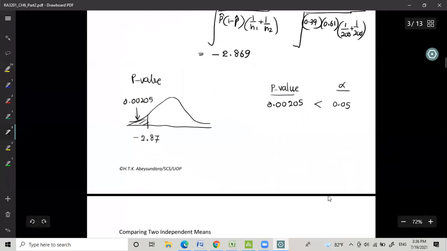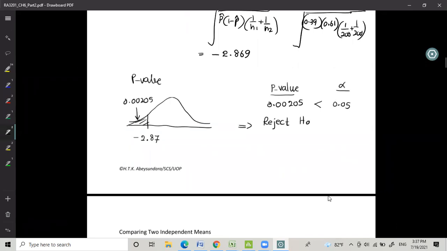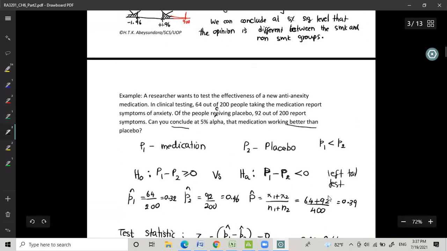It is less than alpha. Okay, if the p-value is less than alpha, that means we reject H0. That is the rule. If the p-value is less than your alpha value, we reject H0. So what is your conclusion? You can actually conclude that the proportion who got the medication is less than the placebo group, which means the medication is working better than placebo, or this medication is actually effective.